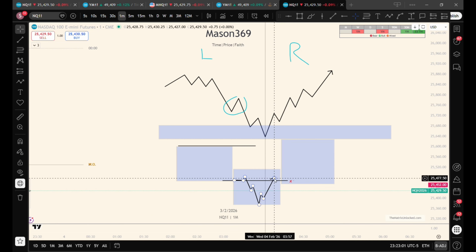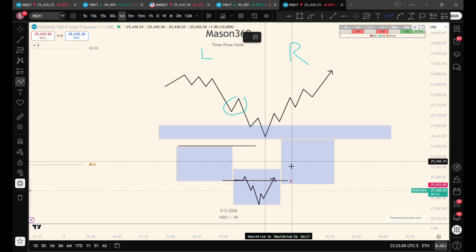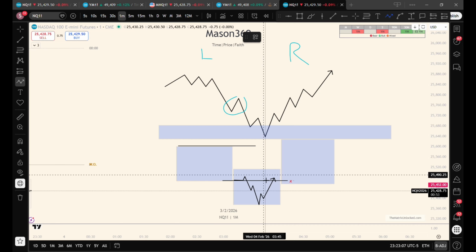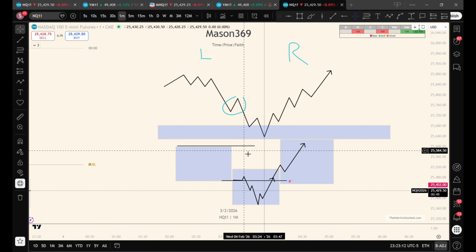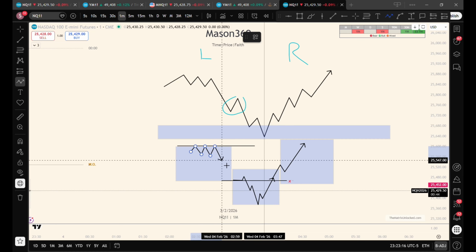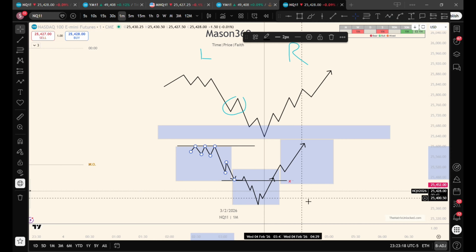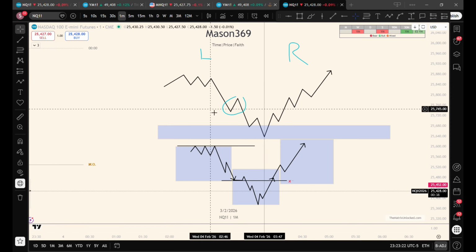Then what we'd expect from the SMR going forward is price to be distributing either during the second cycle or going into the third, distributing to the previous cycle high. Now, what you can see is if we're to just draw a market maker model in here, it's going to be the exact same framework where you're going to see AMD taking place, instead of with a market maker model specifically.